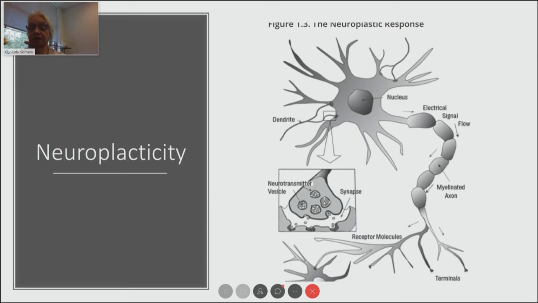So one of the things that I thought someone might put on our Slido chart had to do with neuroplasticity.